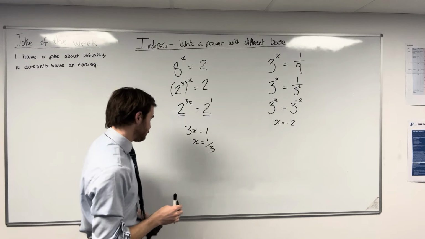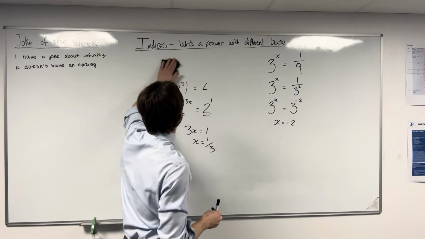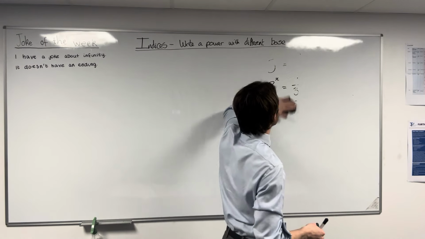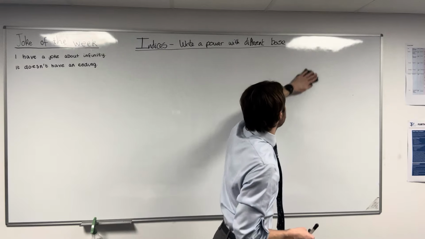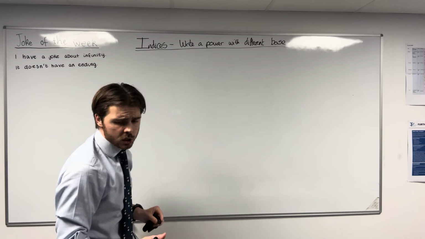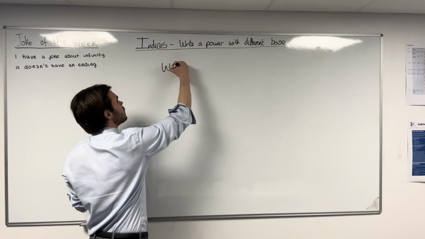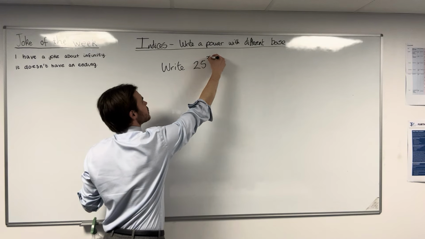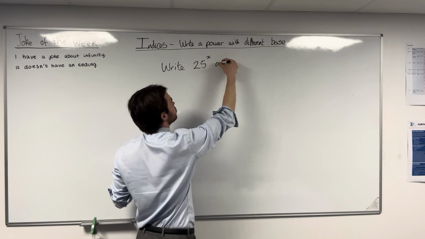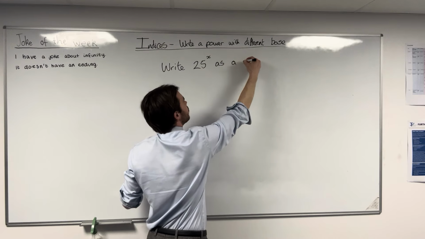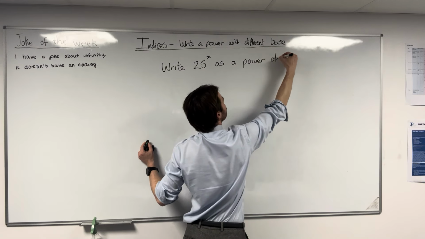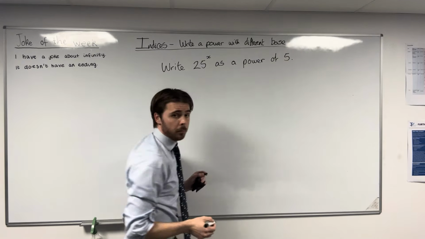Lovely. Right, now there is another way they can ask these kinds of questions, and they could do it in words. So we're going to do a couple of examples of these. So they might say, write 25 to the power of x as a power of 5, for example.